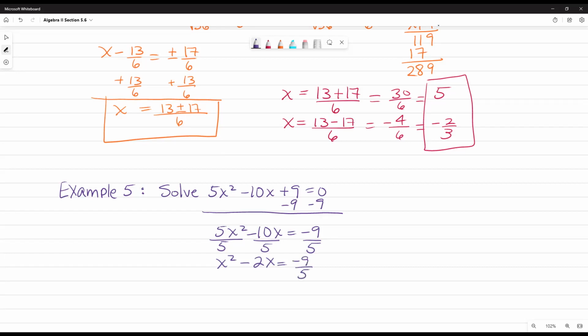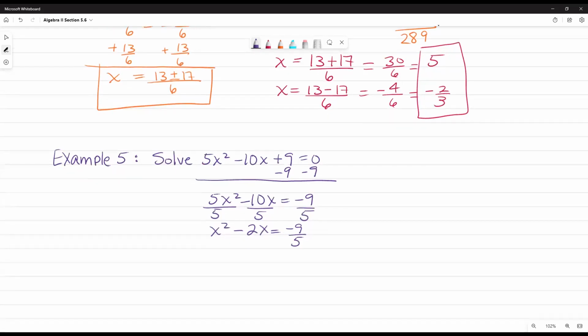Now, again, x squared minus 2x should be easy to figure out what your perfect square trinomial is. What plus itself equals negative 2? Negative 1 plus negative 1 is negative 2. So it's going to be x minus 1 squared equals.